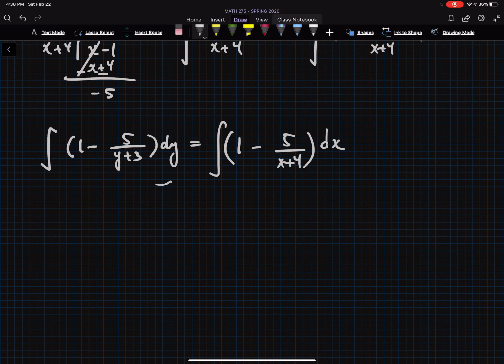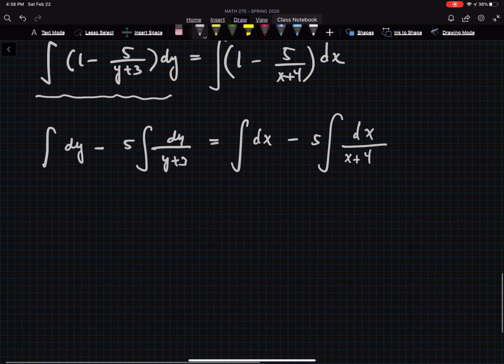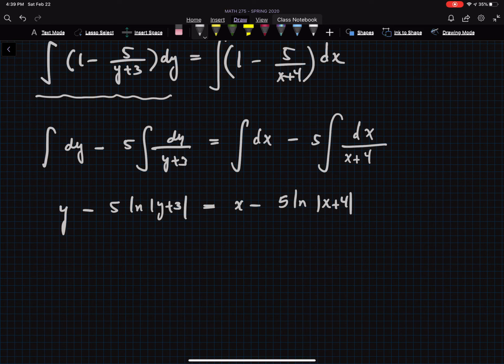The left-hand side becomes the integral of dy minus 5 integral of dy over y plus 3. And the integral on the right side becomes the integral of dx minus 5 integral of dx over x plus 4. The integral of dy is y, minus 5 natural log of y plus 3, equals x minus 5 natural log of x plus 4.